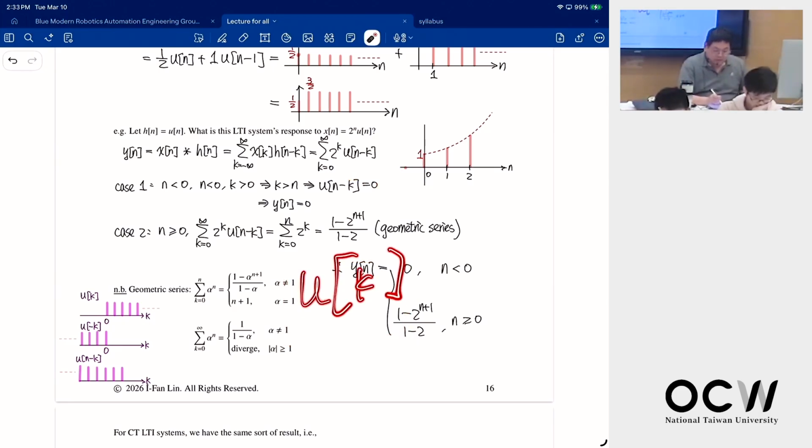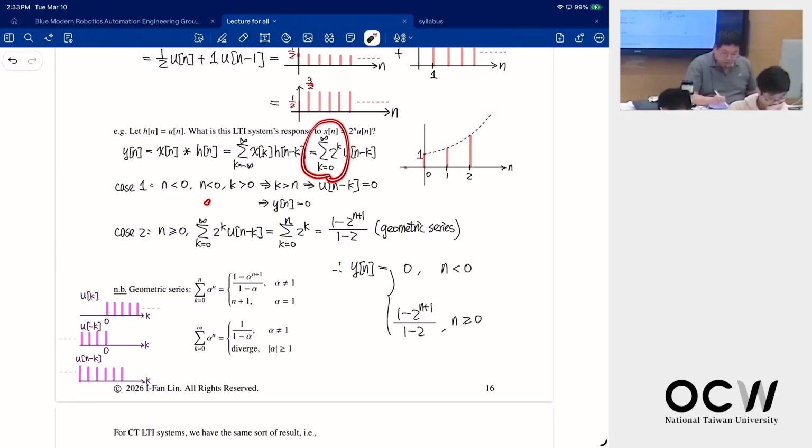If n is less than 0, we know that k is always greater than 0, so k is greater than n, and n is negative.